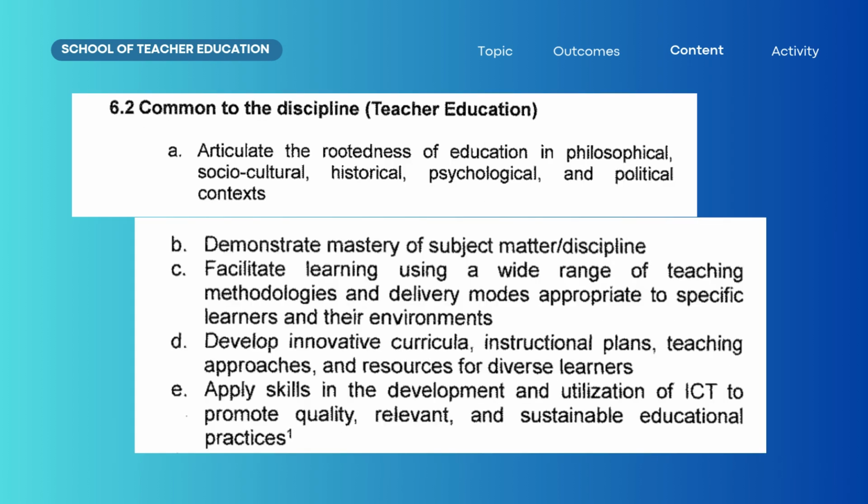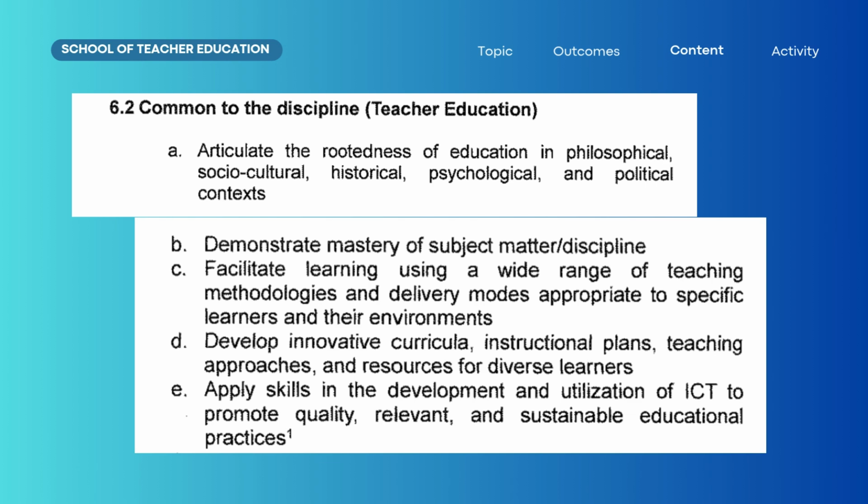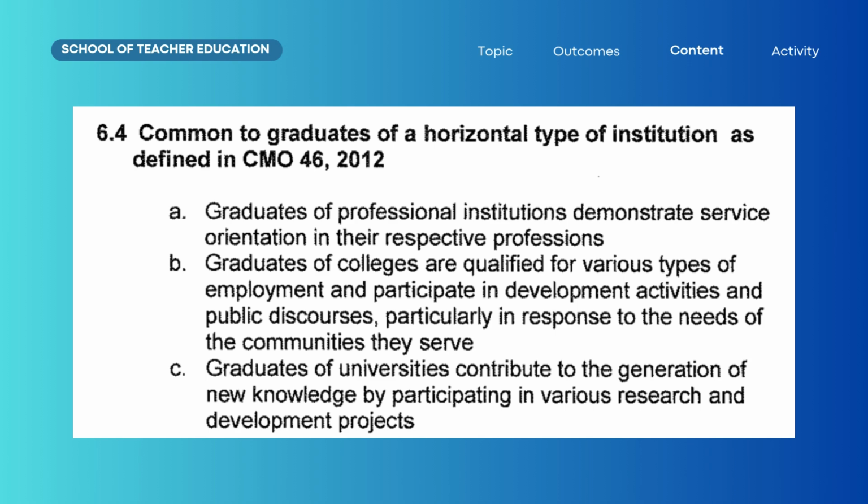These are the program outcomes common to the discipline of the teacher education program. So here, regardless of your specialization, these 8 program outcomes are expected to be demonstrated at the end of this program.